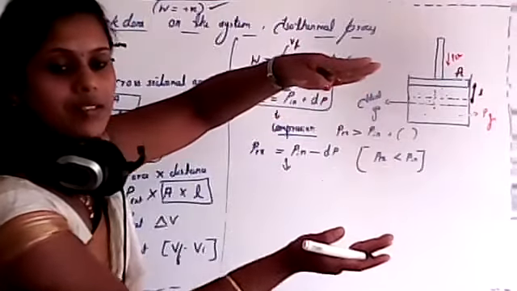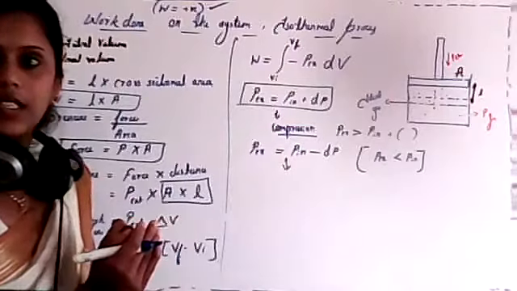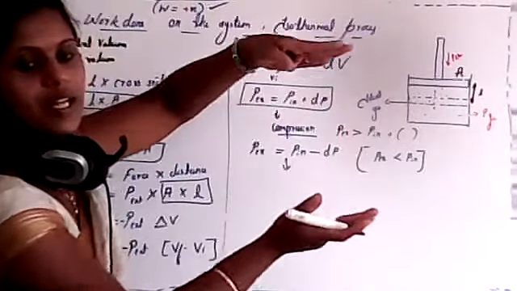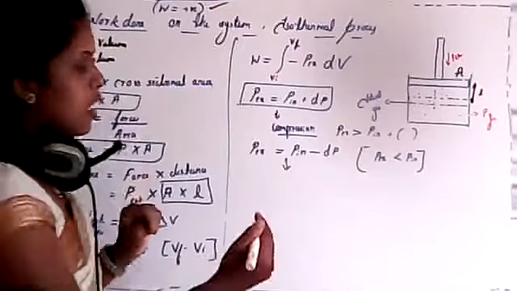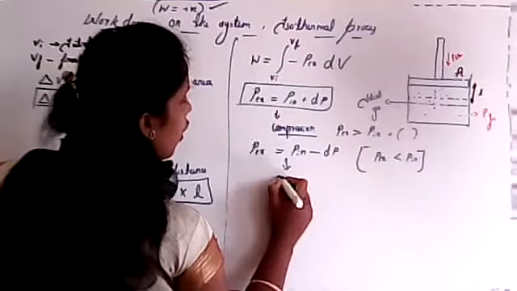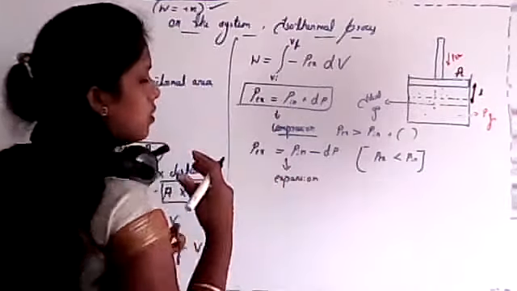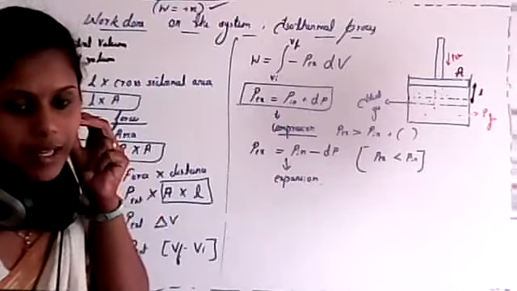That means expansion will take place and volume will increase, isn't it? So that's why this is for expansion. So this one is compression, and the other one is expansion.